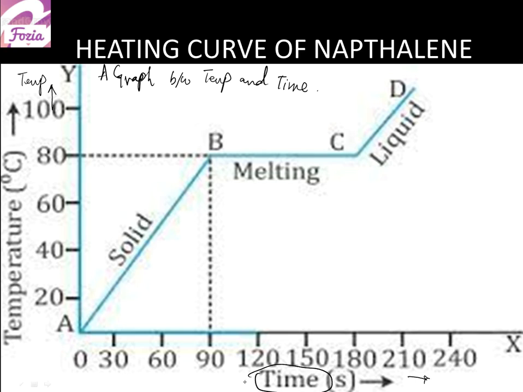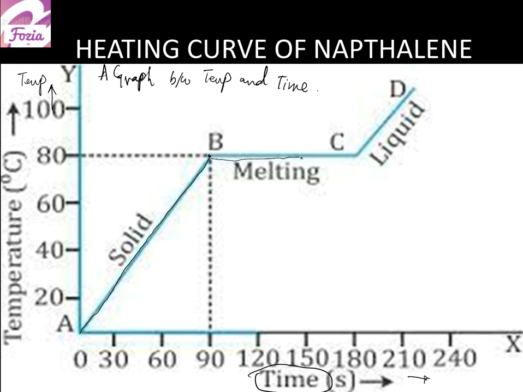Now it's your choice what your scale is, and you observe what changes are happening. So when you start heating naphthalene, the thermometer starts showing a rise in temperature. So temperature rises to a level, then it remains constant for a while, it never changes.